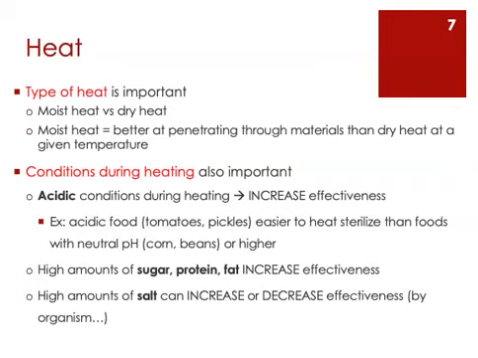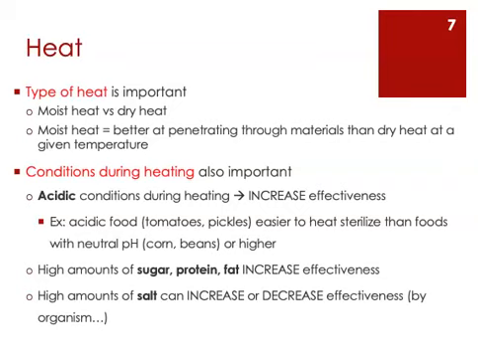The conditions during heating are also very important, and what I mean by that is what exactly is in the material that we're trying to apply the heat to? What are the chemical conditions in that material?